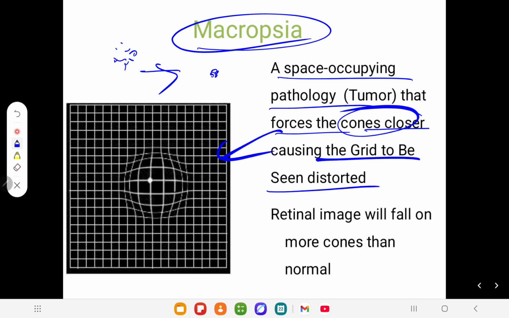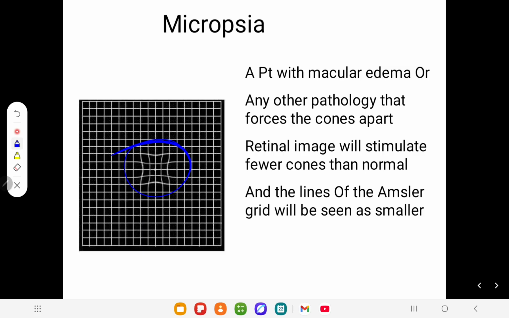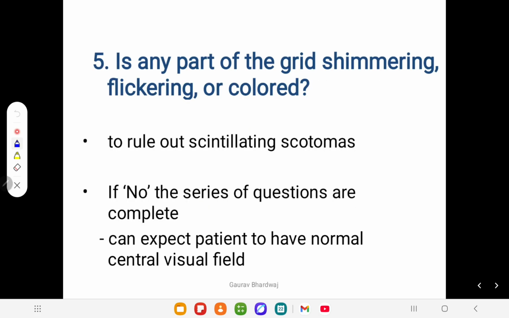At the same time, if because of the pathology the cone cells go apart from each other, it is called micropsia. Micropsia means seeing small, and in that case, for example macular edema or pathology forces the cones to move apart, and the patient sees micropsia. Okay, lastly, is any part of the grid smearing, flickering, or colored, to rule out an oscillating scotoma?